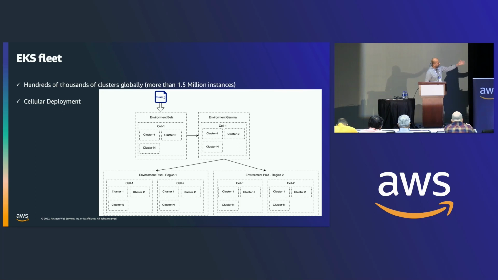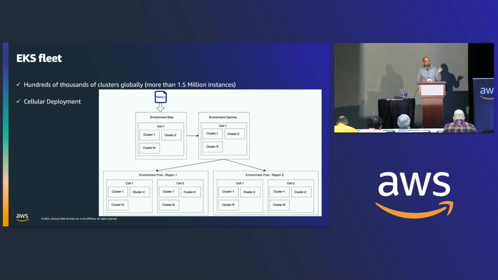In this diagram, again, the bottom part represents the cells. Each cell could have clusters 1 through n. Whenever the deployment goes through, it hits one such cell, gets deployed, and we follow a pattern known as geometric progression deployment, in which case we deploy to one cell first, things look good, deploy to 2 cells, things look good, and then deploy to 4, 8, and it goes on exponentially.